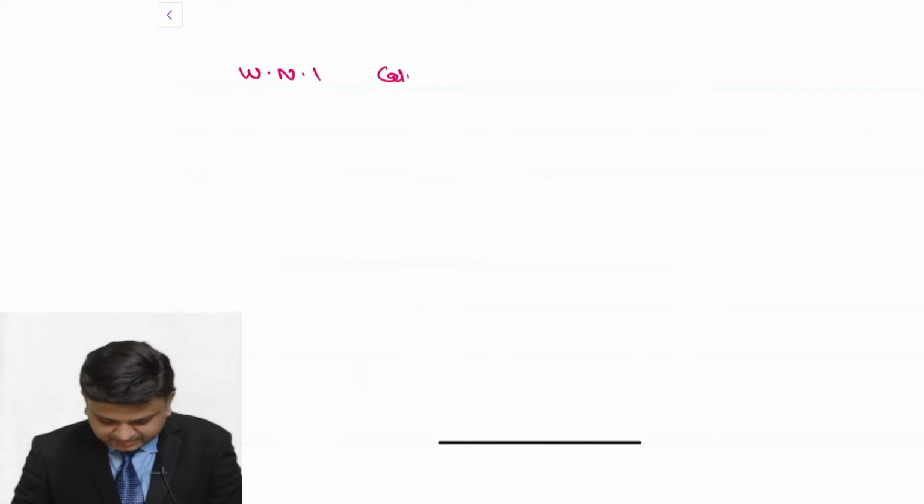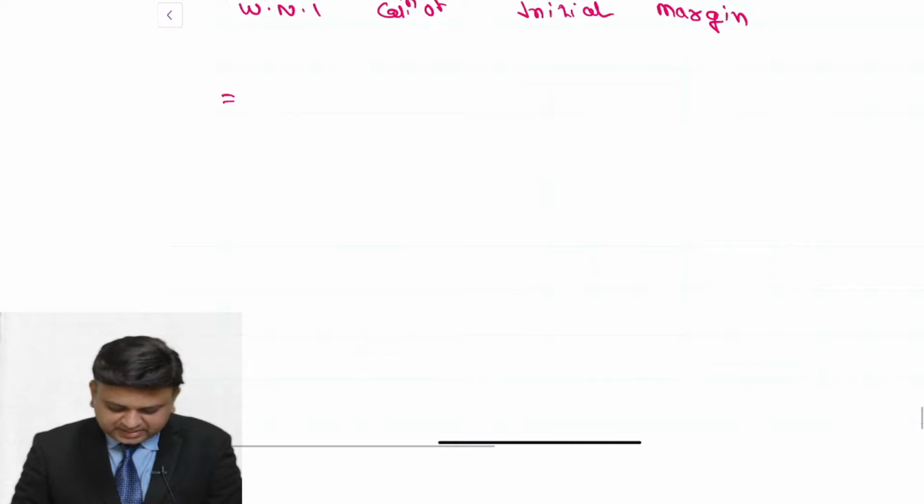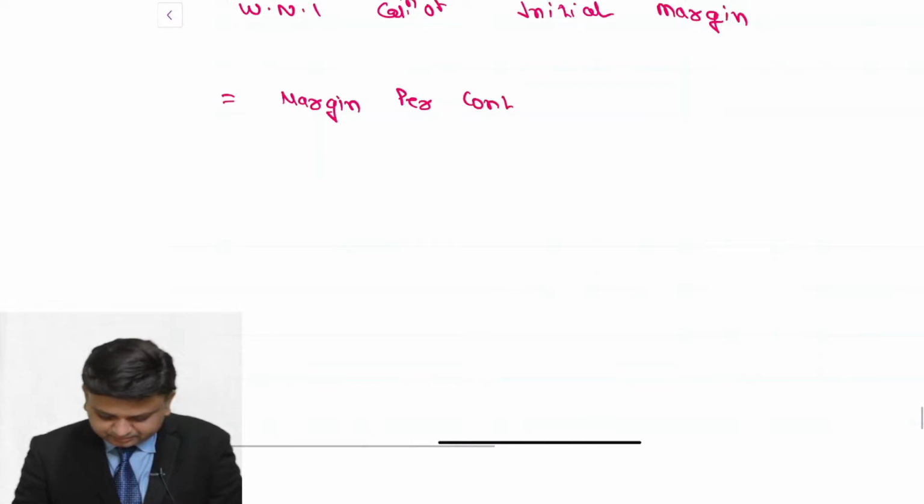So now this time working note number 1, calculation of initial margin. That is supposed to be calculated as margin per contract into number of contracts.